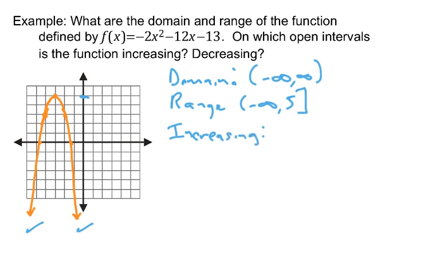So remembering again from an earlier place, when we talk about intervals on which a function is increasing, we're asking over which interval on the x-axis, as you pass over that interval from left to right, are the y values going up? So if I imagine reading this graph from left to right and looking at the y values, I'm noticing that they go up until I get to negative 3.